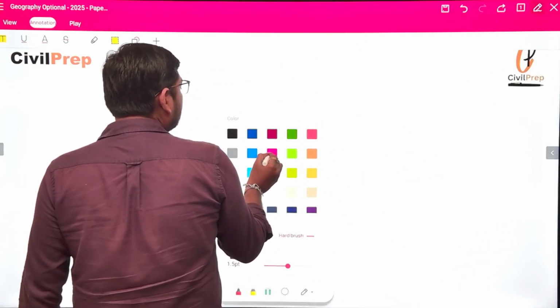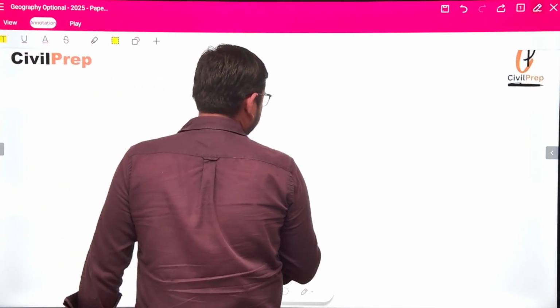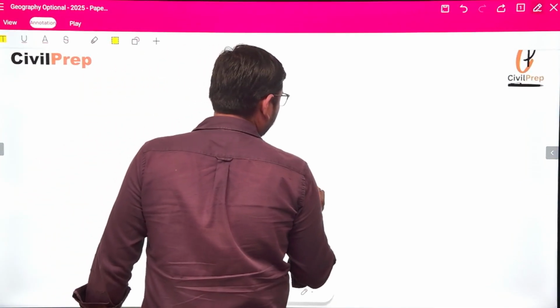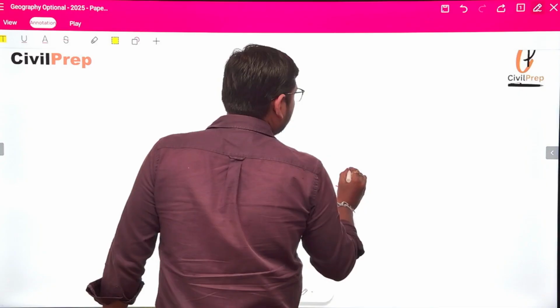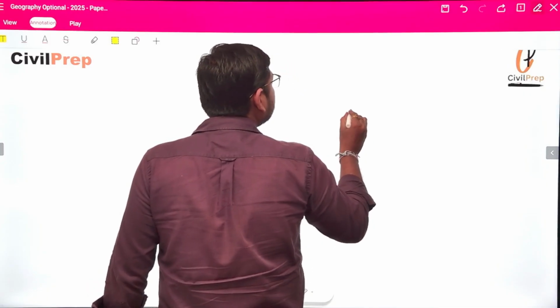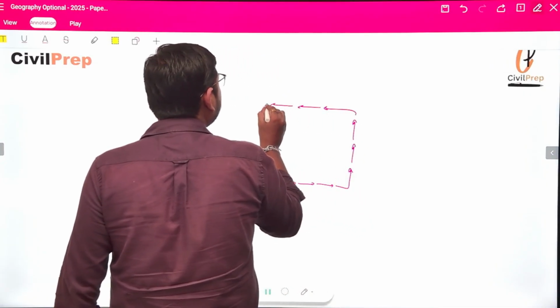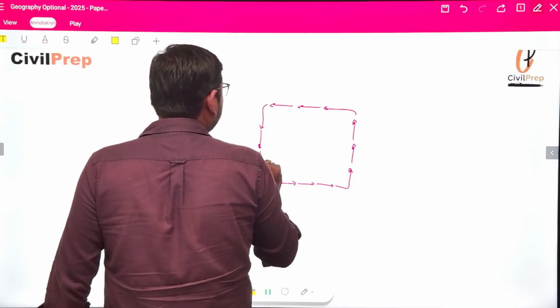it is resulting in the formation of a pressure system, because of which there is circulation of wind taking place at different latitudes.